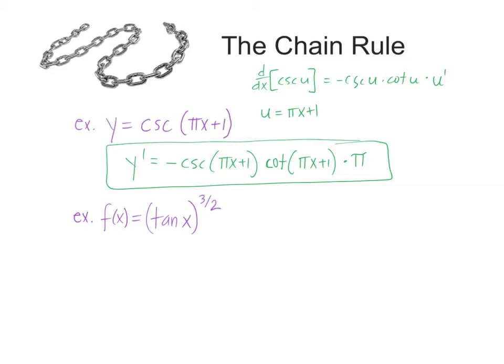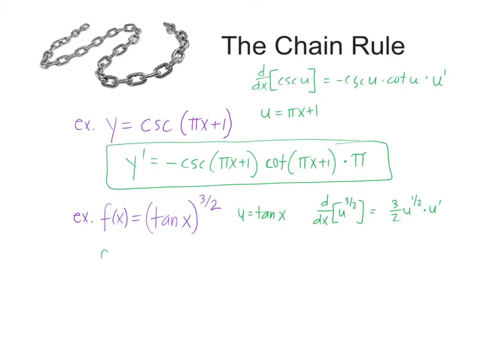All right, so we have another one down here. We've got a power rule. In this case, u is tangent. Okay, something to the 3/2. You could have taken the derivative of x to the 3/2 before you ever started this video. Okay, so this u happens to be tangent of x.